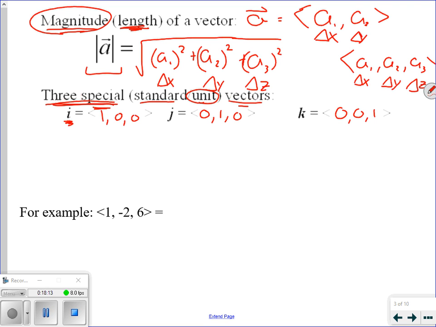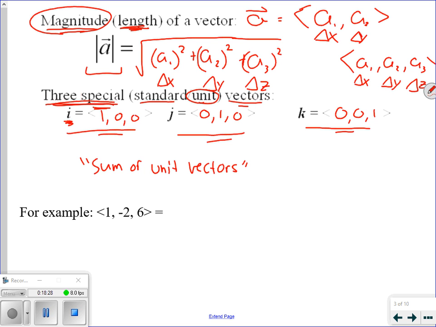So let me show you how we can separate and create a sum of unit vectors. We're going to call it a sum of unit vectors, because sometimes we're going to have to write our vectors in unit vector form. So for example, I've got 1, -2, and 6.